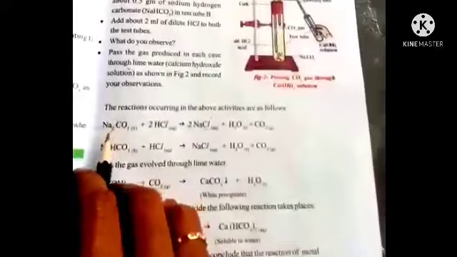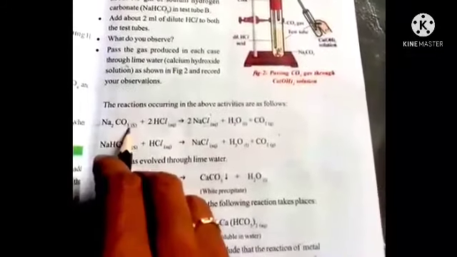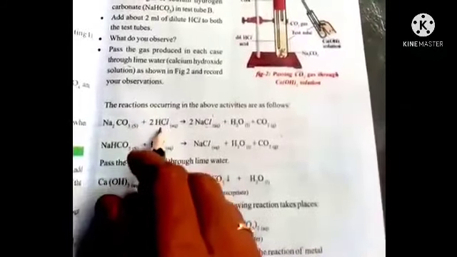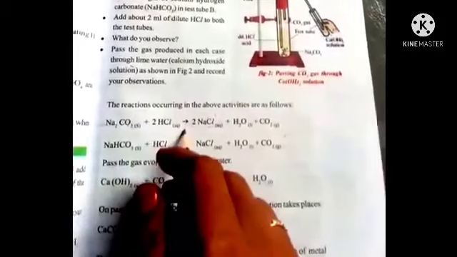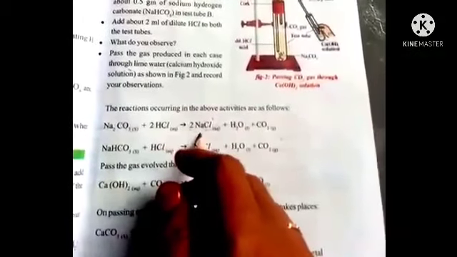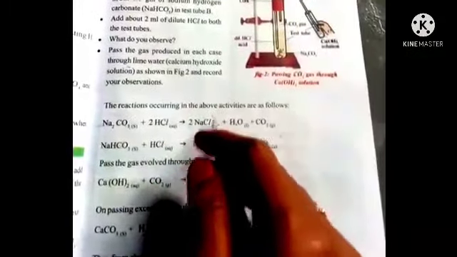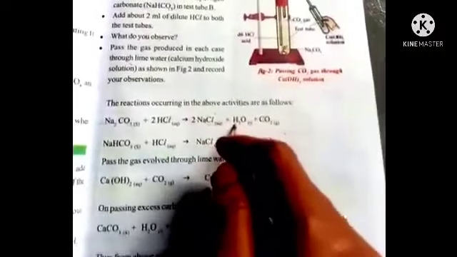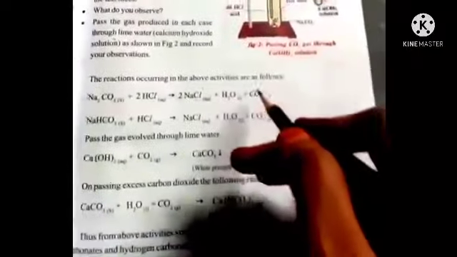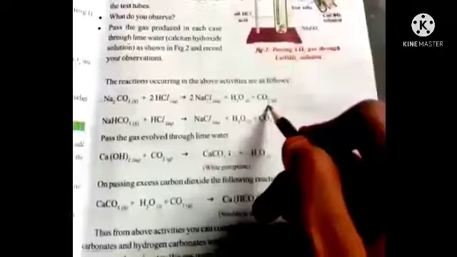Here the chemical reaction is sodium carbonate plus hydrochloric acid. The products are sodium chloride, precipitate and water. The last one, the evolved gas, is carbon dioxide.